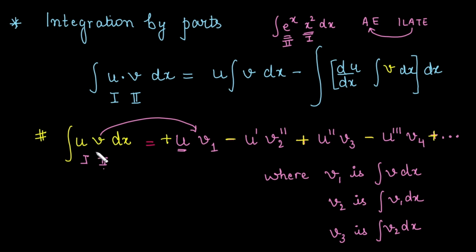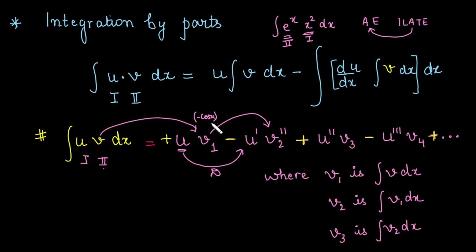So suppose we have sin x. So sin x integration is minus cos x. So we will write minus cos x as it is over here. Minus, take the derivative of this term and further take the integration of v1.